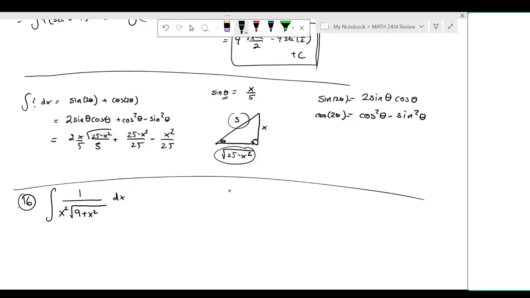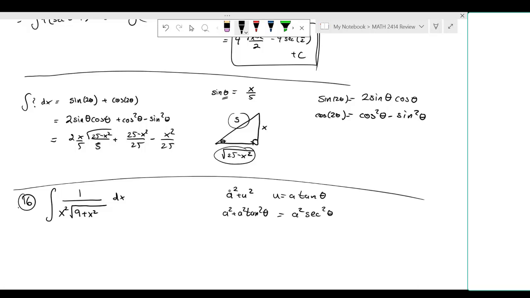So we said for that, you just let u equal a tangent theta in order to take advantage of the identity: one plus tangent squared is secant squared.